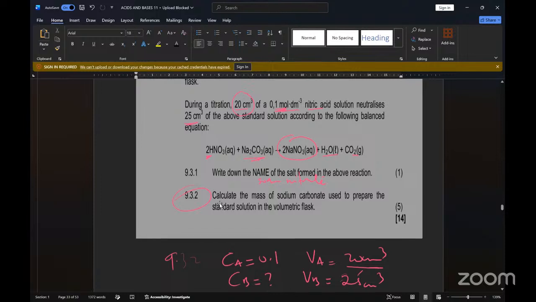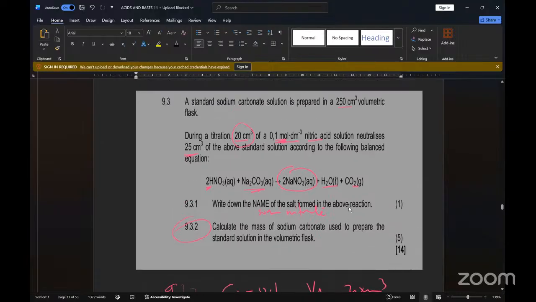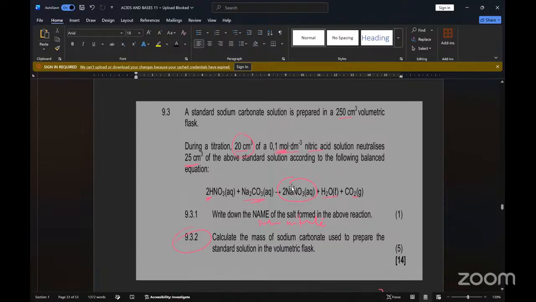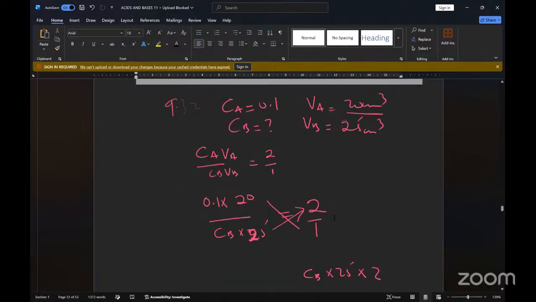But the question is asking us for mass. Calculate the mass of the base. Now, to calculate the mass of the base, we know the value that we got here.